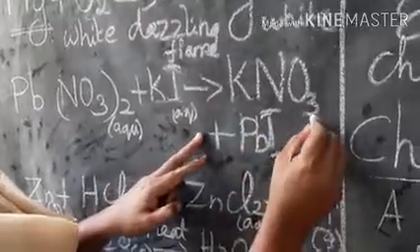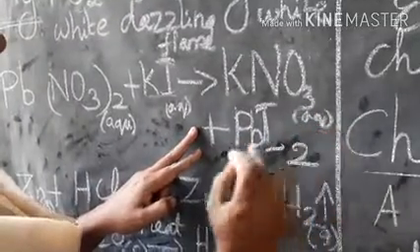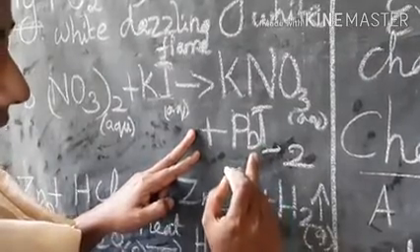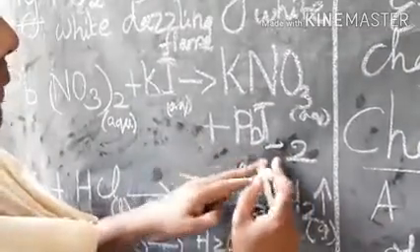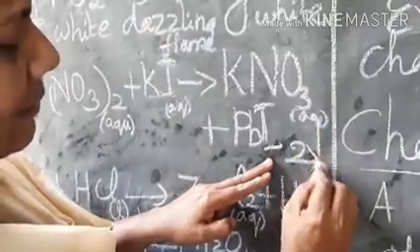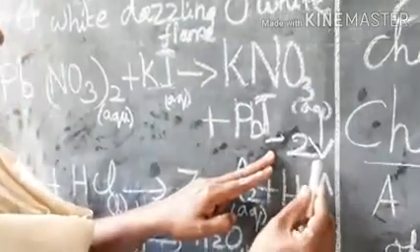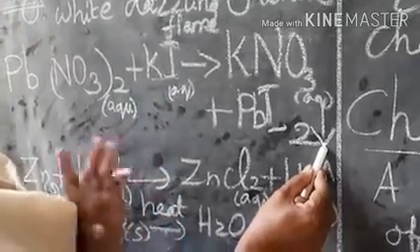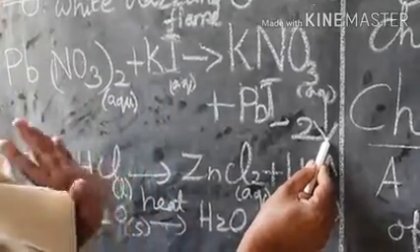And here it is giving an aqueous result, and this lead iodide is a precipitate. As I told you earlier, it should be mentioned like this because it is settled down. So, these are the symbols that should be used while writing a chemical equation.